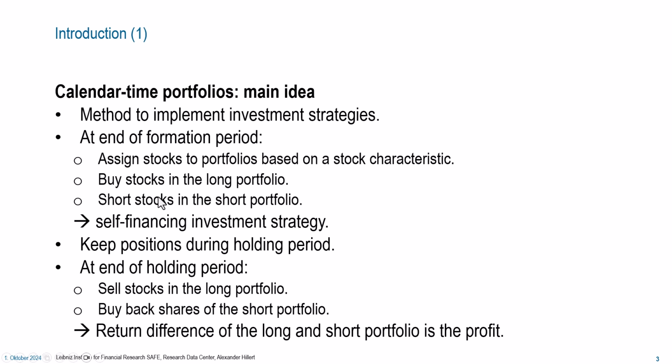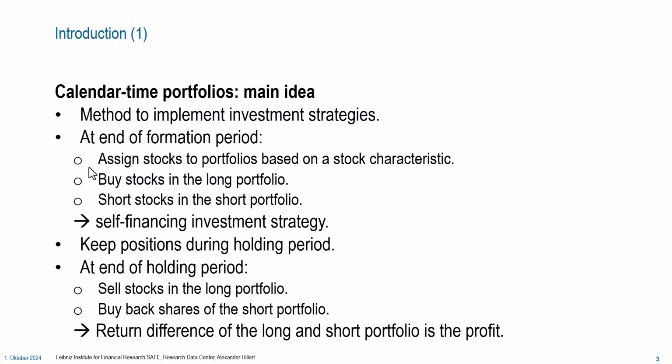More precisely, in the formation period, what you will do is at the end of the formation period, you will assign stocks based on the characteristic to different portfolios. Typically, these are 5 quintile portfolios or 10 decile portfolios. Then you buy the stocks in the long portfolio, that is the portfolio which you expect to perform well, and you sell short the stocks in the short portfolio, which you expect to perform poorly.